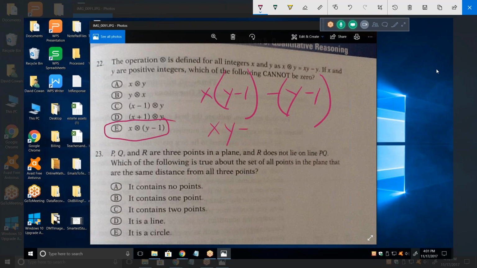X times y minus x, minus y plus 1. Question is, can that be 0? Well, that would be xy minus x minus y would have to equal negative 1.